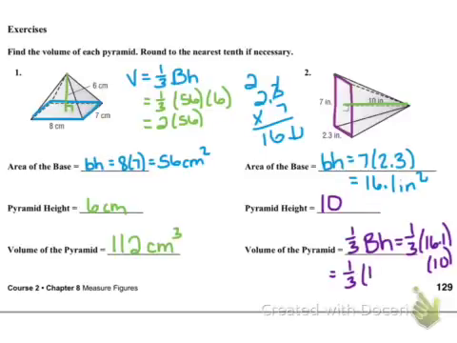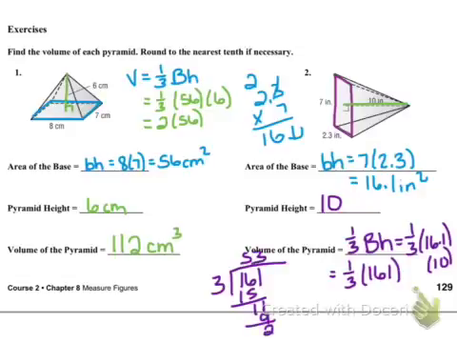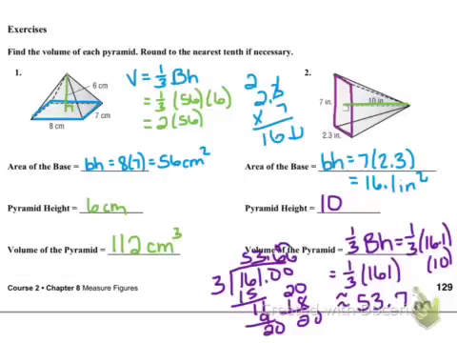So I end up with 1/3 of 161, so I'll do 161 divided by 3, because that's how we find a third of something. It's going to repeat, so that 6 would round to a 7. We would say our volume is about 53 7/10 cubic inches.